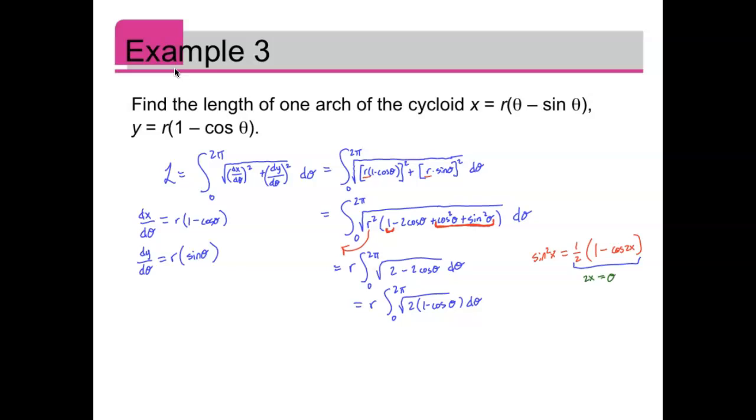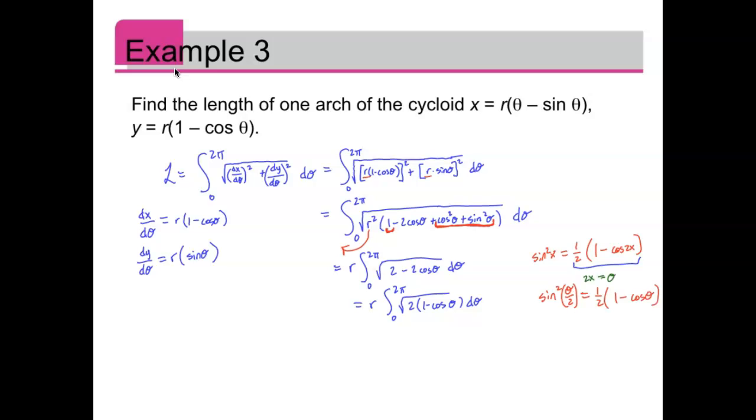If I replace that, that identity becomes sine squared of theta over 2 equals 1/2 times 1 minus cosine of theta.